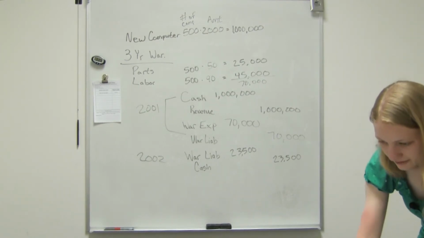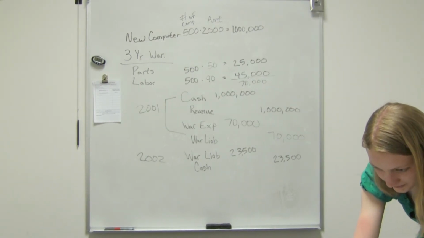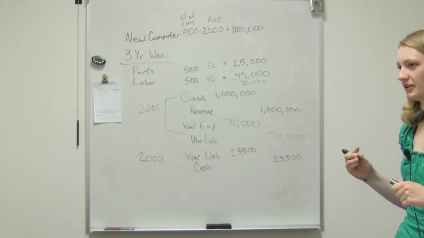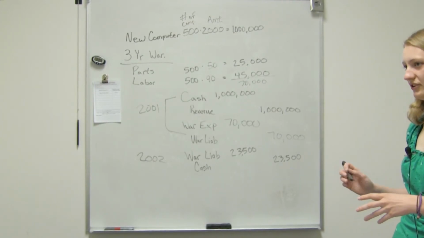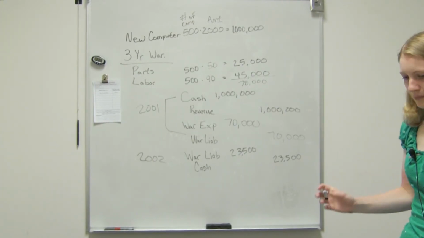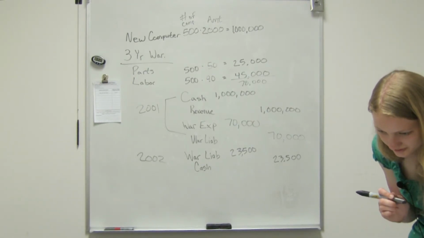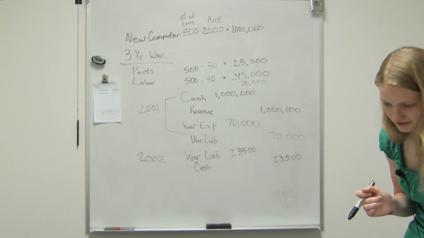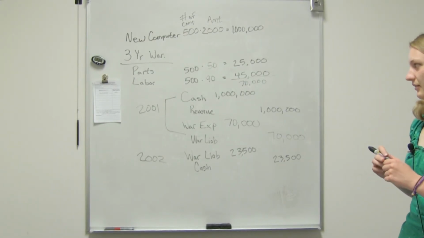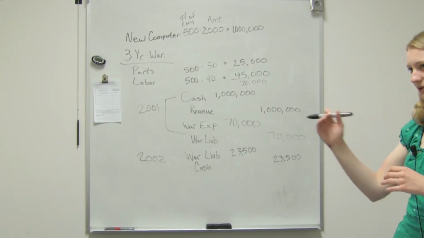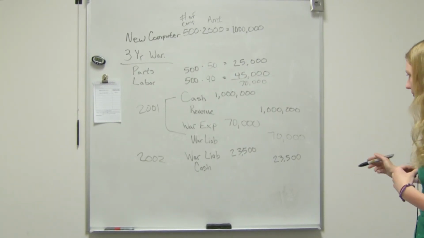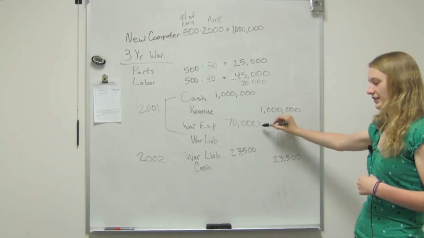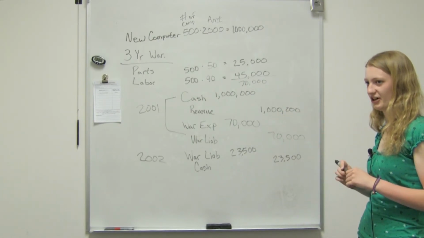So it looks like everything's set up. And with this problem, we were using the expense approach because the warranty was included in the sale. So the question is, determine the warranty liability as of December 31st, 2002. With a liability, that's a balance sheet account, so it's always going to be there and we're just subtracting out of it. Whereas the expense account, once we debit that, it's gone at the end of the year.